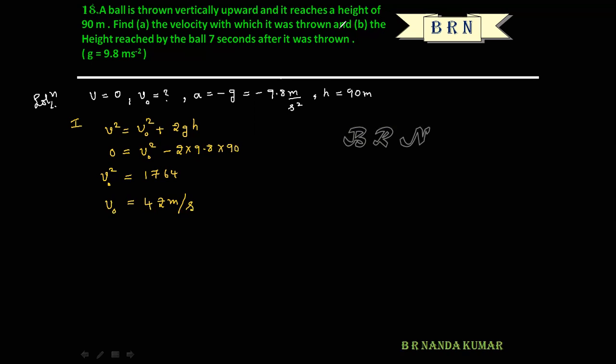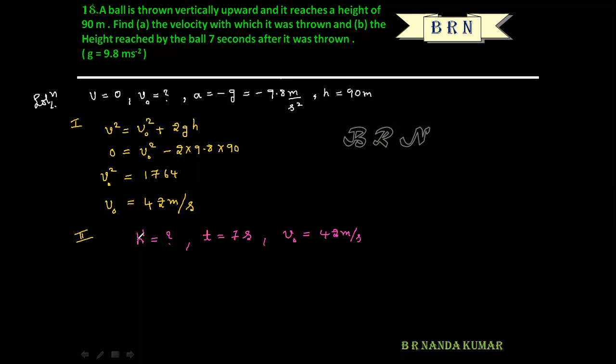So after that, we have to calculate the height reached by the ball 7 seconds after it was thrown. So the height reached by the ball after 7 seconds. Okay, what is the initial velocity? That is 42 meter per second.